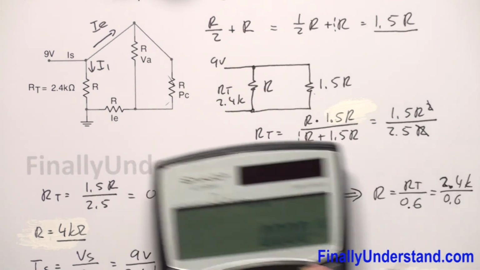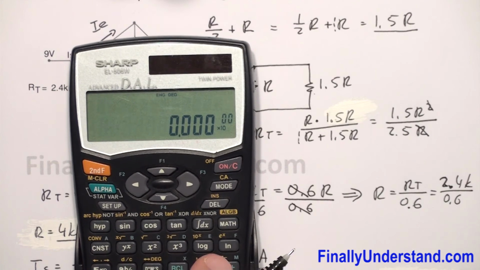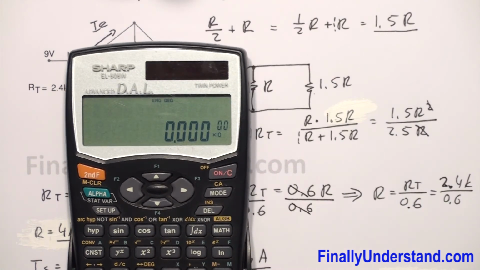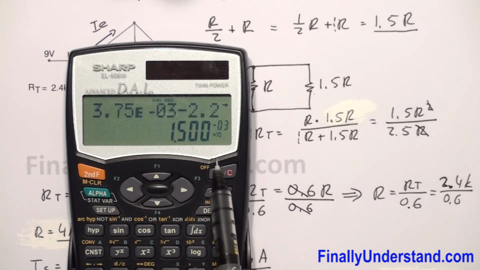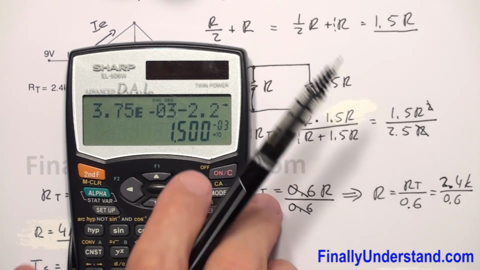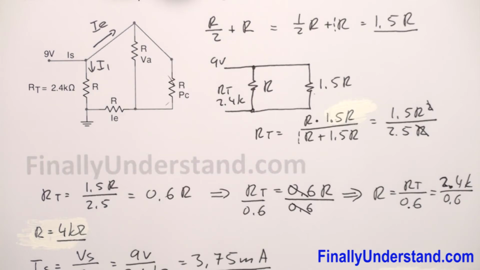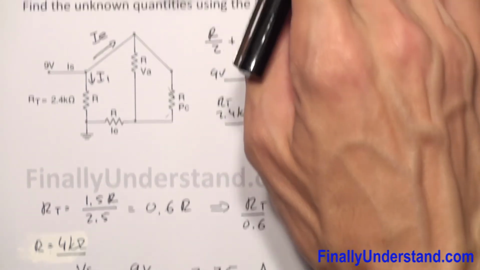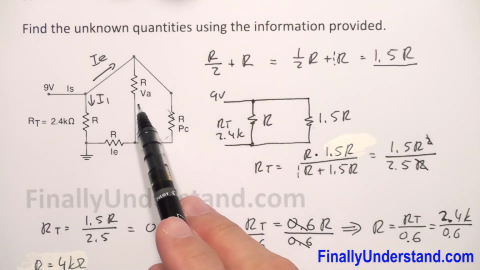Those of you who don't know how to use the calculator, you can just take a look at what I'm doing. 3.75 exponent 3 negative minus 2.25 exponent 3 negative equals 1.5 milliamps. So we found IE.